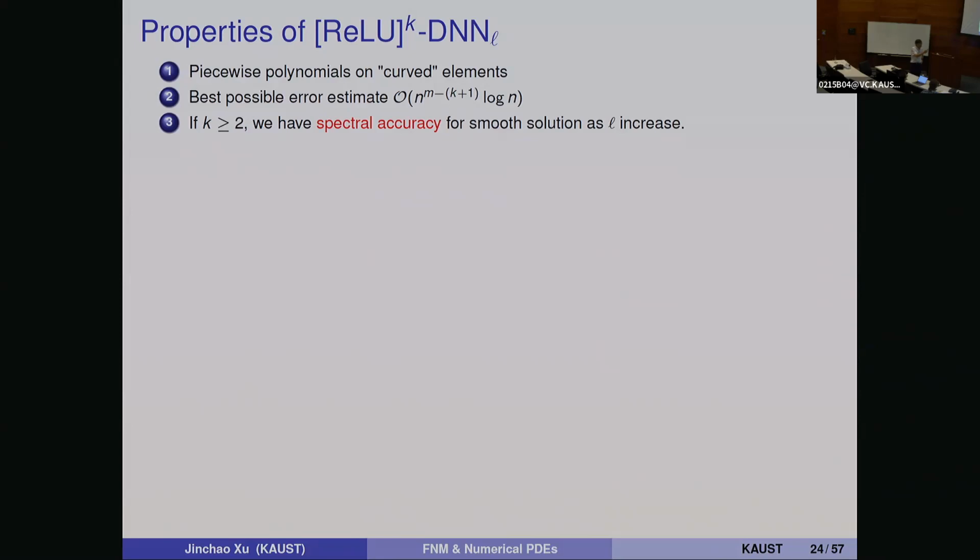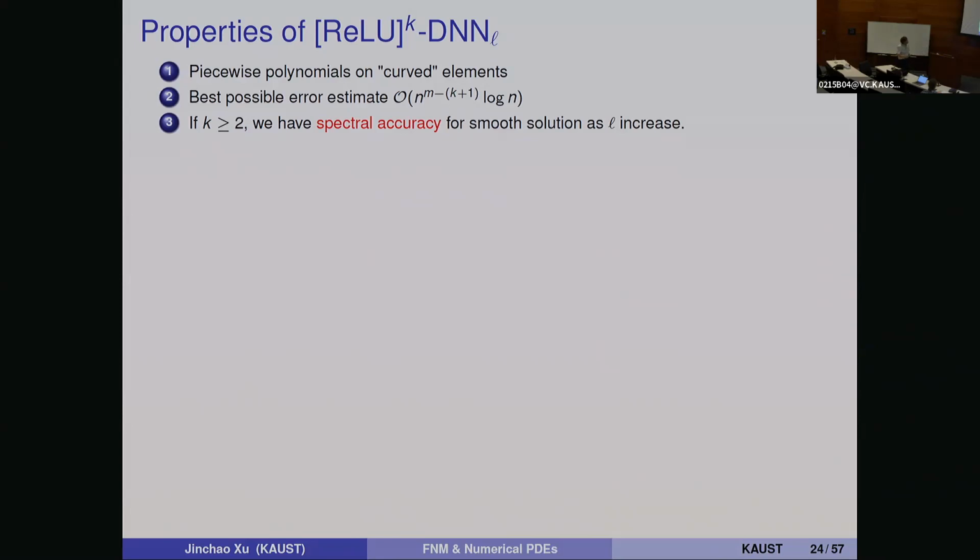This has to do with this. For k greater than or equal to 2, if you increase the layers, you can recover all the polynomials of any order. If I have a polynomial of degree 100, I can recover that by increasing the depth. What do you mean? Yeah, to add more depth.